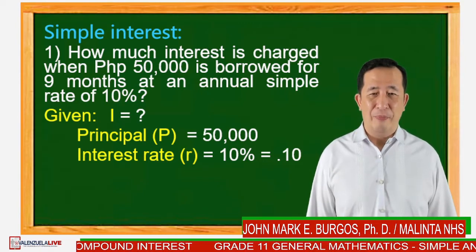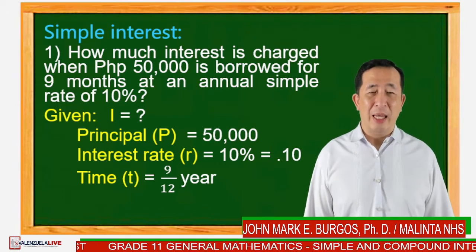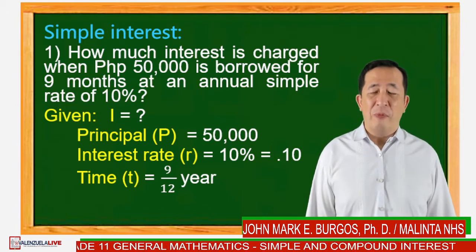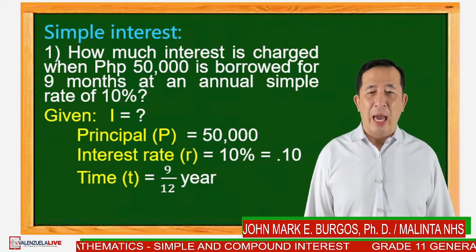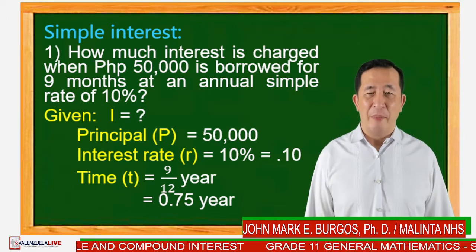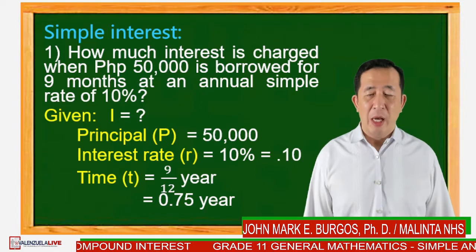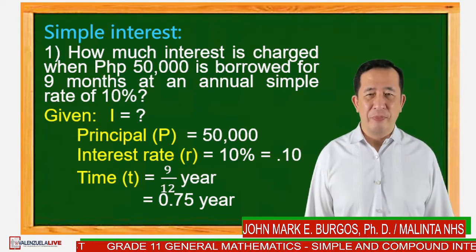And the time, since months is given, we have to divide that by 12 months. So if the given month is 9 months, divide by 12, and that will be 0.75 per year. So the question is, what is the interest?